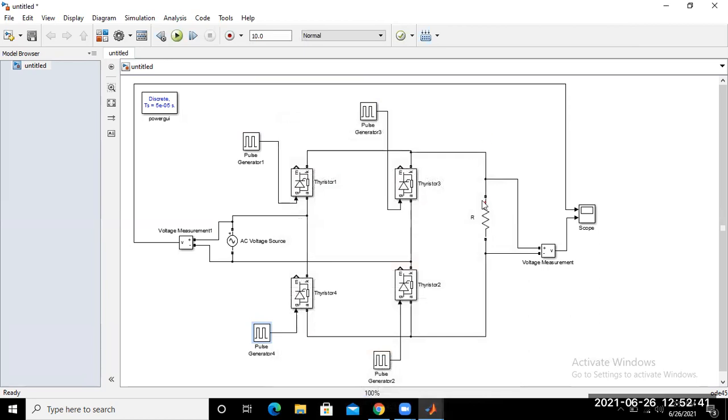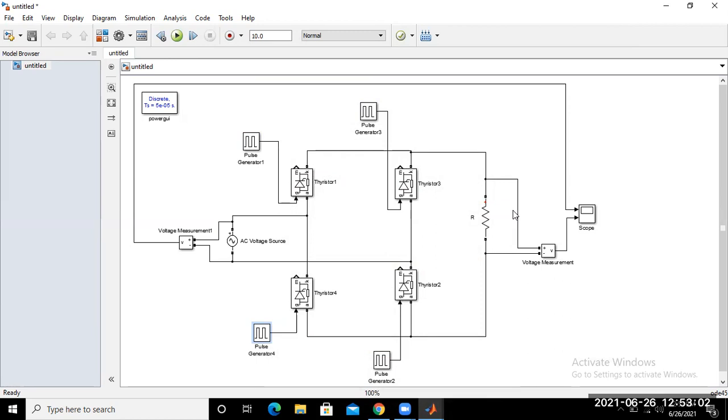So we already designed the circuit and put the pulse generators at the respective phase angle delay. Now we just run this model and observe the input voltage variation and output voltage waveform. Or is anything missing here?